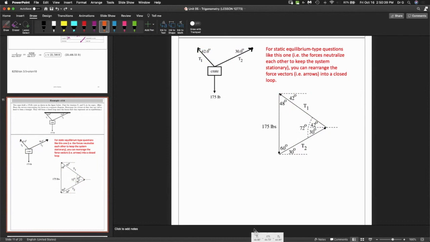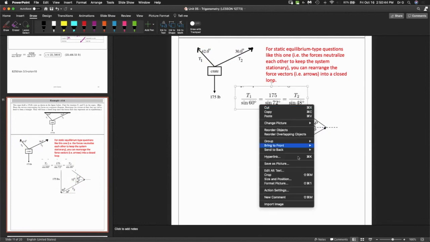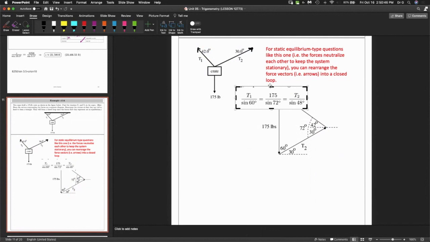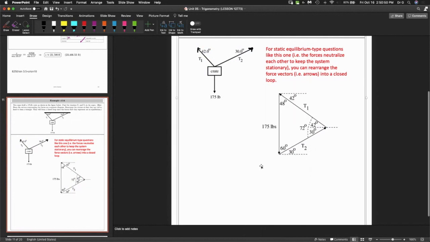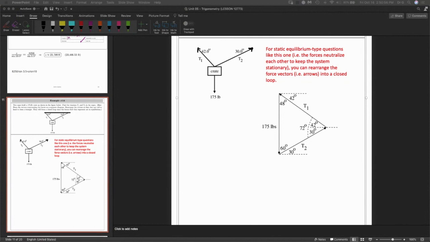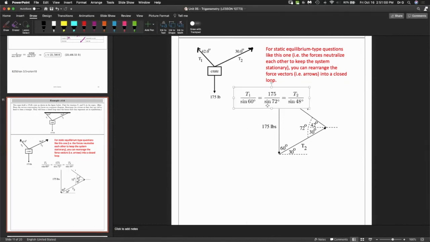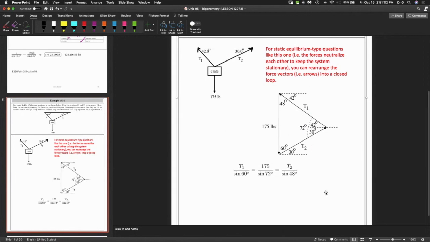So you can use the sine law here. I will use the sine law here because you don't have three sides and you don't have two sides at an angle in between. So that's why I wrote down the sine law. Where did it go? My sine law just disappeared. So there it is.